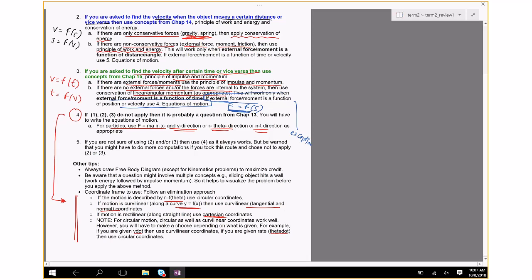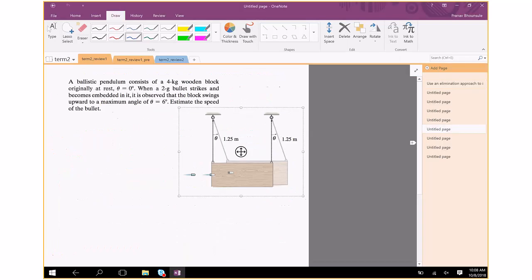What else? Another thing which will make this particular exam hard is that sometimes it is a mixture of things. For example, it could be a problem where you have to first apply work energy and then projectile motion. An example of that problem is here, and you must have seen such problems.